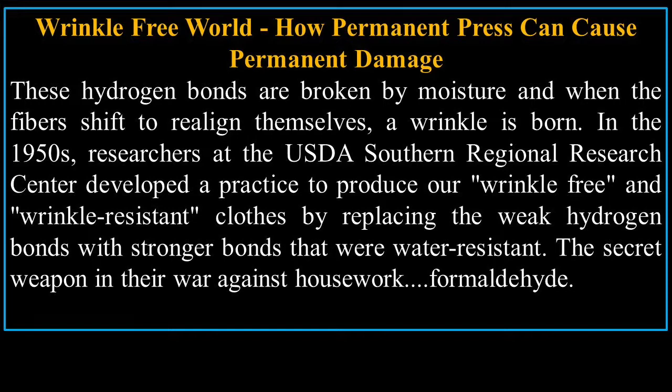These hydrogen bonds are broken by moisture, and when the fibers shift to realign themselves, a wrinkle is born. In the 1950s, researchers at the USDA Southern Regional Research Center developed a practice to produce our wrinkle-free and wrinkle-resistant clothes by replacing the weak hydrogen bonds with stronger bonds that were water-resistant.